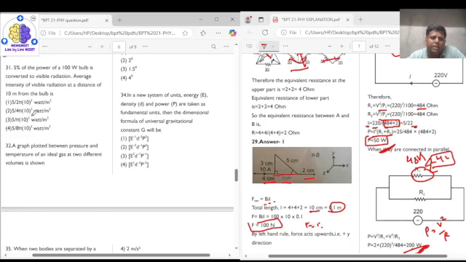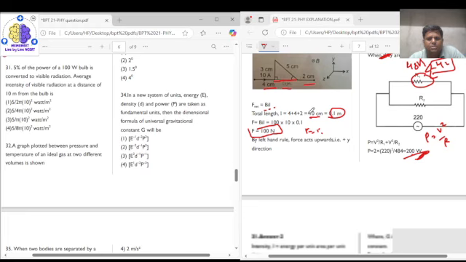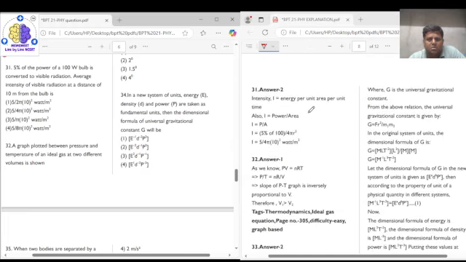Coming to question number 31, 5% of the power of a 100 watt bulb is converted into visible radiation. Average intensity of visible radiation at a distance of 10 meter from the bulb is? Intensity is given as power per unit area, right? Now we have to calculate intensity.